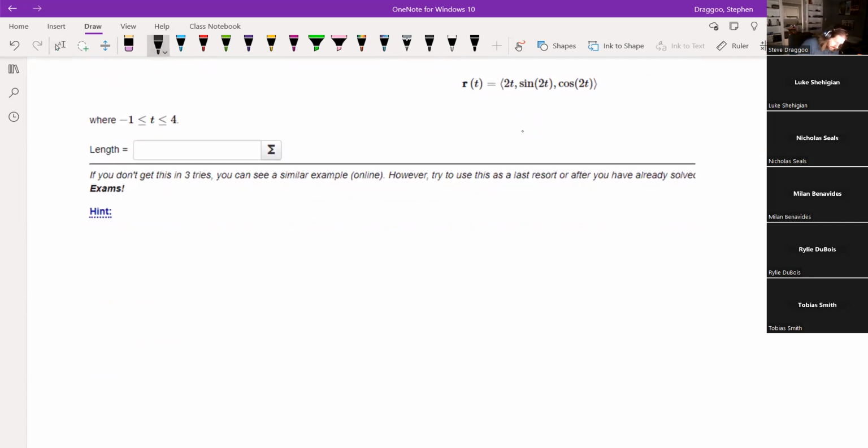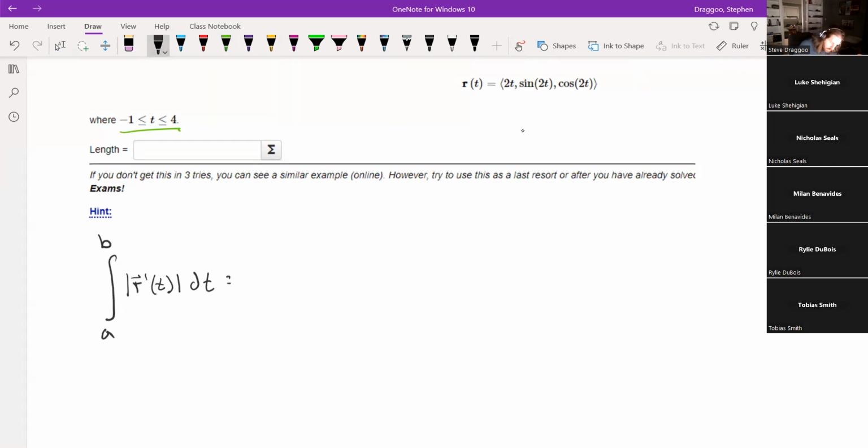So I want the arc length formula, which is the integral from a to b of the magnitude of the r prime vector dt. So that's our t value and stuff up there.